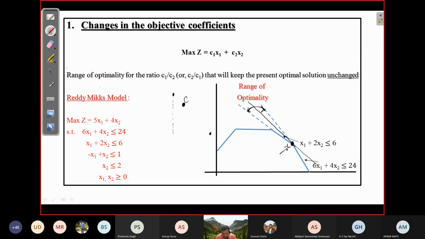Clear? So now in 2 dimensions, we have seen how to find the range of optimality and range of feasibility. The question arises how to do it for larger dimensions, because there you cannot plot it in a graph. So you need a numerical approach to compute these ranges of optimality and feasibility for a given LP.